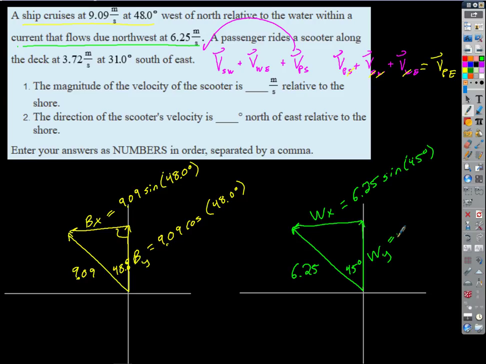The reason I don't is because these are just reference triangles. The triangle by itself just has some components, but when we add up the components in the XY plane, that's when we attach the negatives and positives, right? And then this would just be 6.25 cosine 45, right? So now let's take this one.